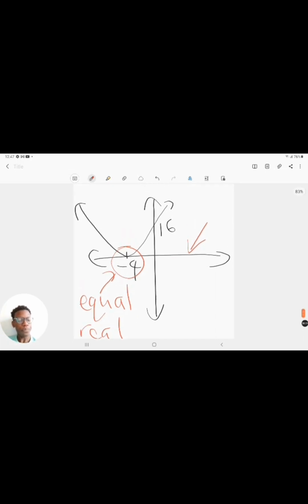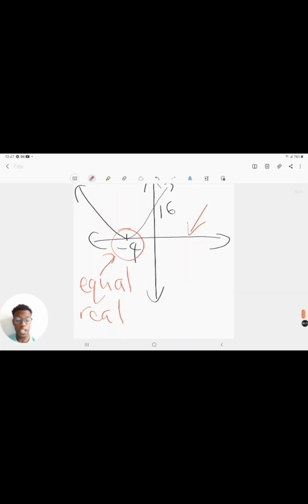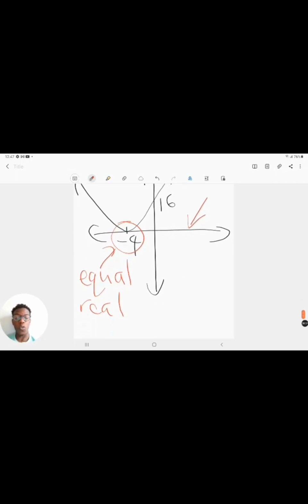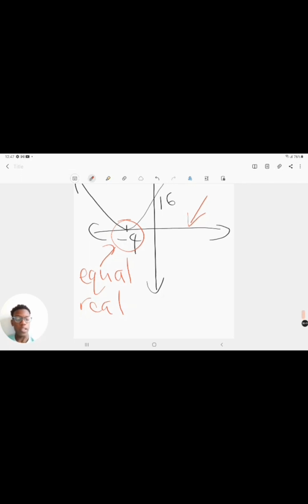Now it turns out there's a condition mathematically for us to prove that a quadratic equation has equal roots that are real.